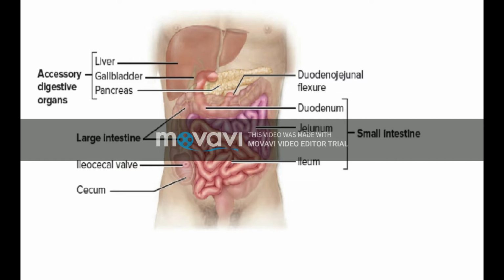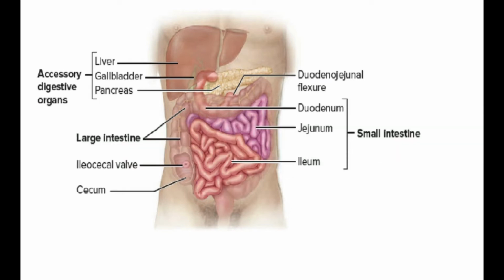The small intestine consists of 3 specific segments: the duodenum, jejunum, and ileum. The duodenum forms the first segment of the small intestine.